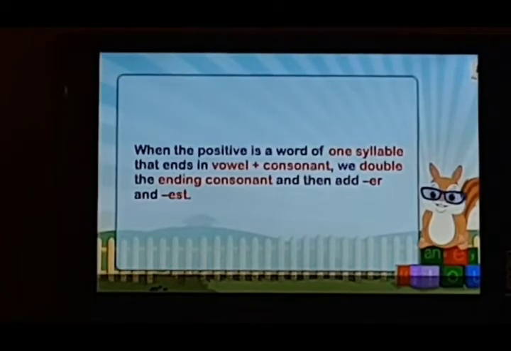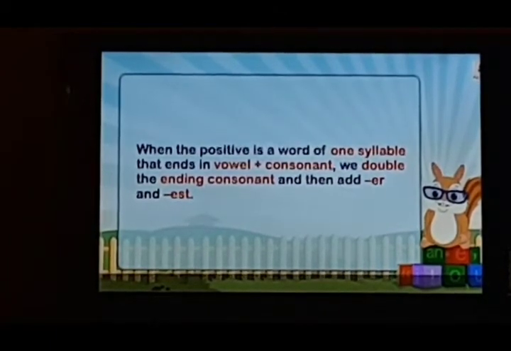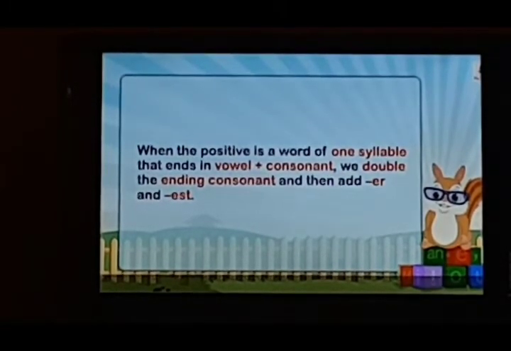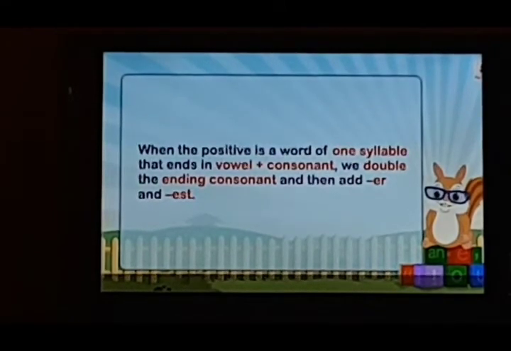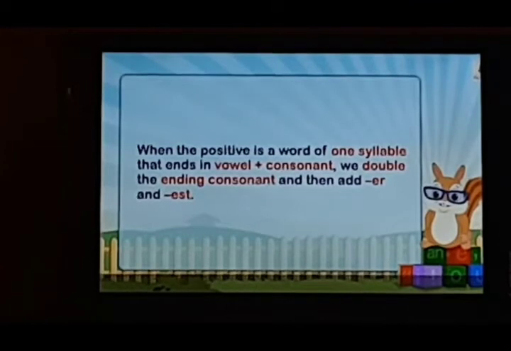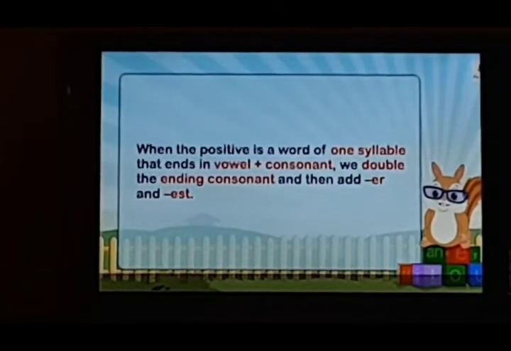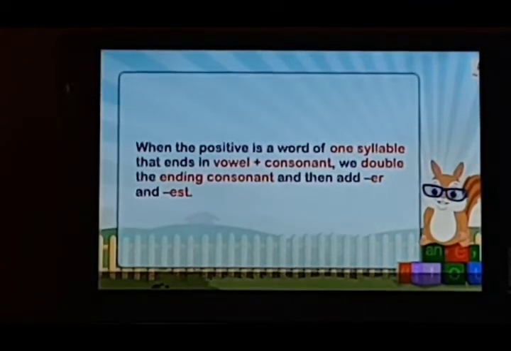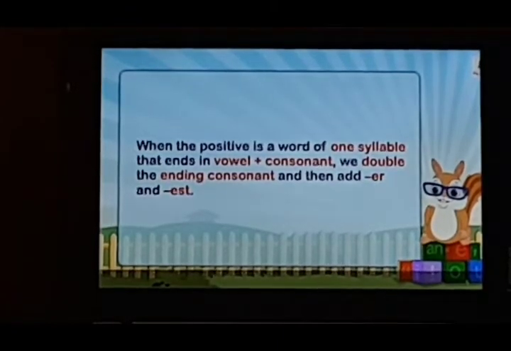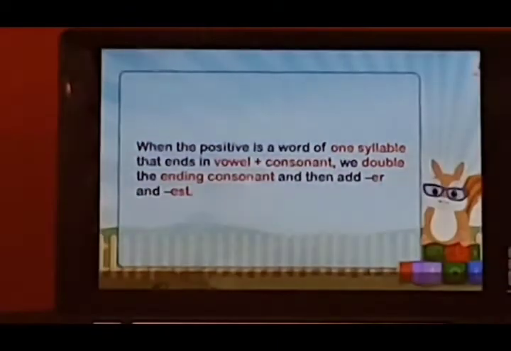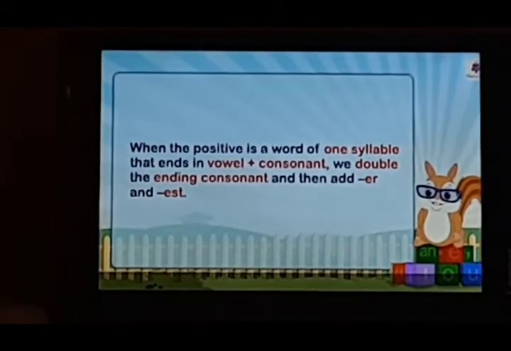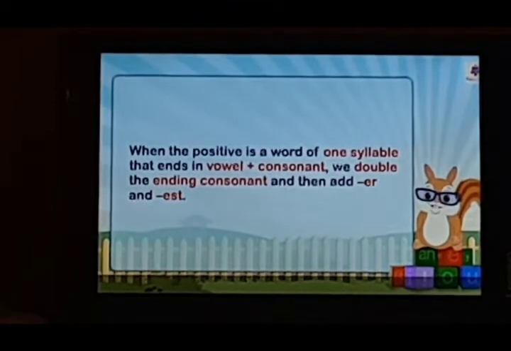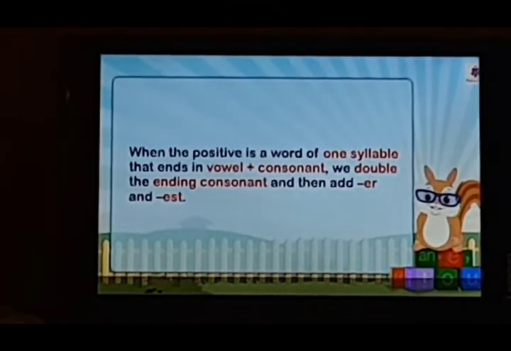If the word is of only one syllable, and it ends in a vowel and then after that we have a consonant, we double the ending consonant, and then add ER.